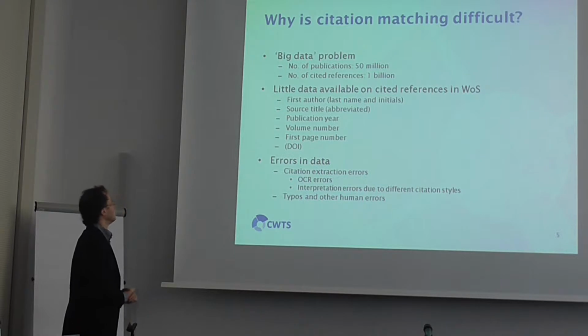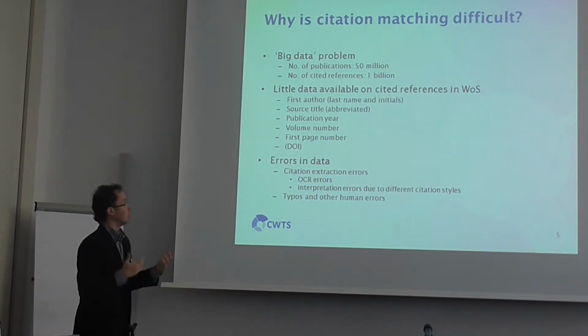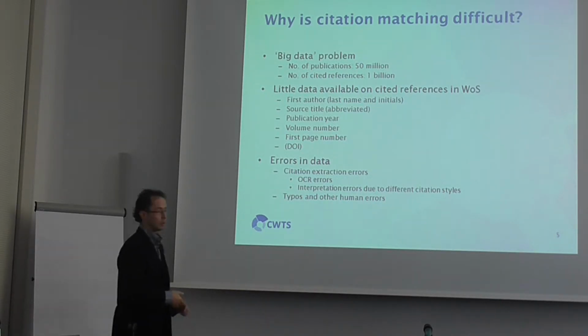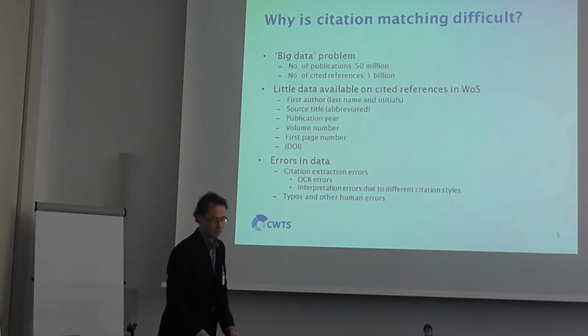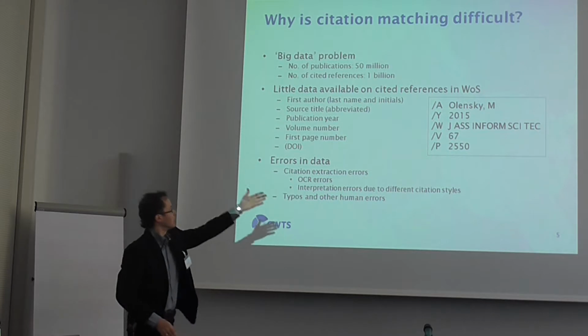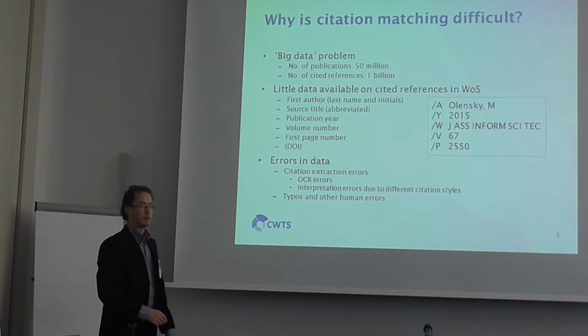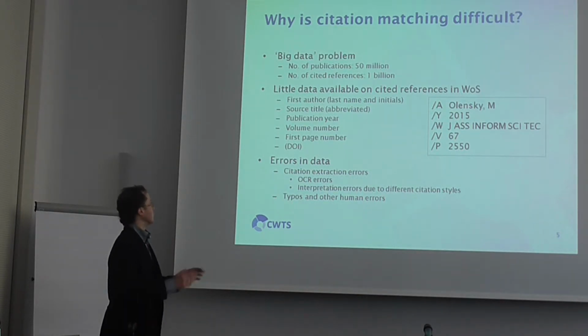We have only the first author, the last name and initials of this author, an abbreviated source title, the publication year, the volume number, and the first page number, and sometimes also a DOI. This is an example of a cited reference and the amount of data that we have available for it. It's not much. For example, the issue number is missing, the title of the article is missing, and the co-authors are missing.